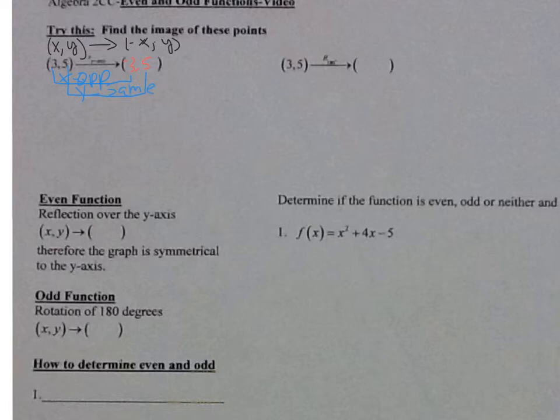Alright, so remember, when you have a reflection over the y-axis, I'm just going to do a quick graph of this, (3, 5). So there's (3, 5). And when I reflect over the y-axis and I get (negative 3, 5), that's over here, the points are symmetrical to the y-axis.